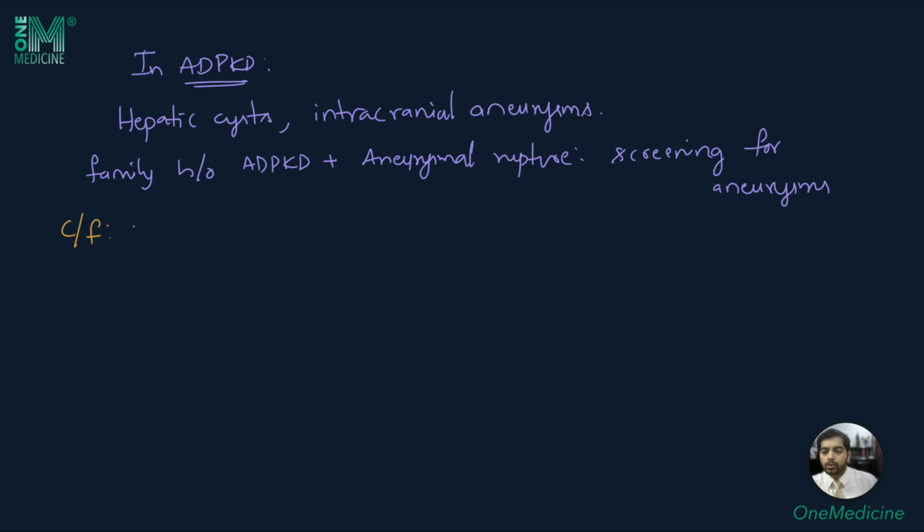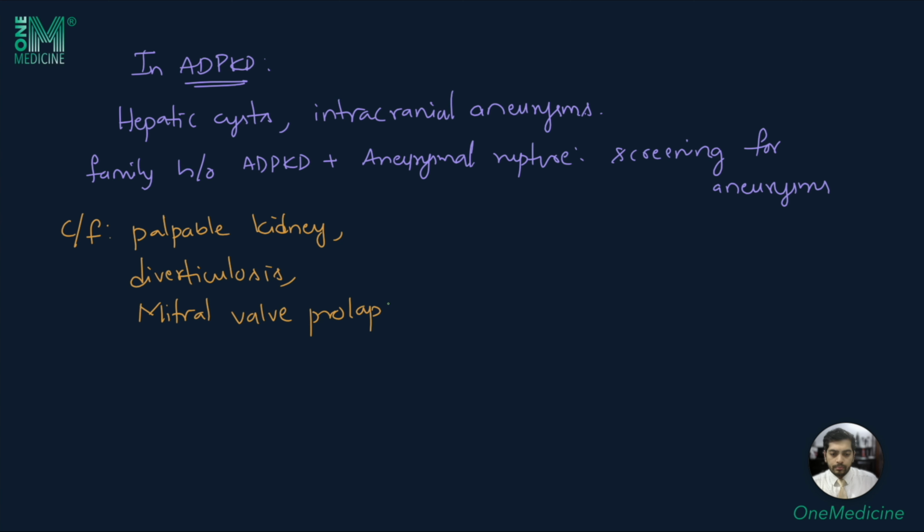Clinical features include a palpable kidney. Patients can also have diverticulosis and even mitral valve prolapse. Typical presentation is recurrent hematuria, that is gross hematuria. Patients have hypertension.